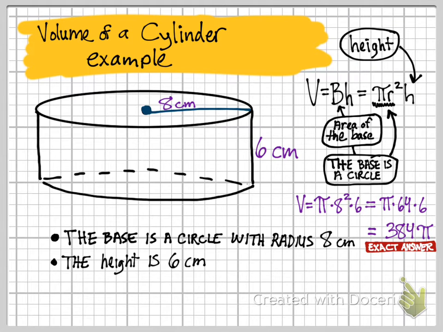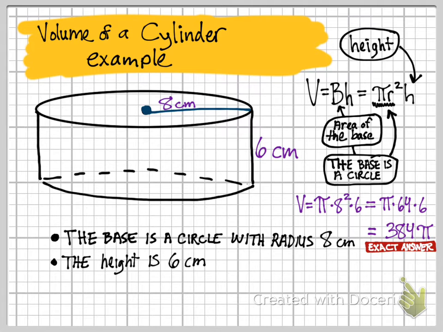So as you can see in purple, I've taken the volume equals pi times 8, which is the radius, squared, times the height, which is 6. And when I multiply 8 times 8, I get pi times 64 times 6, which for an exact answer would be 384 pi centimeters cubed.